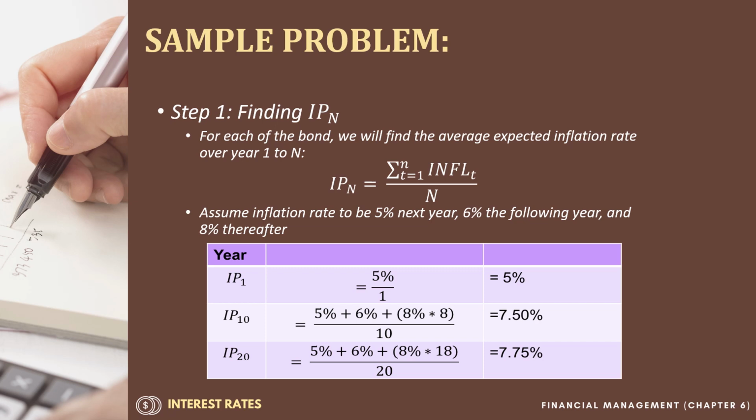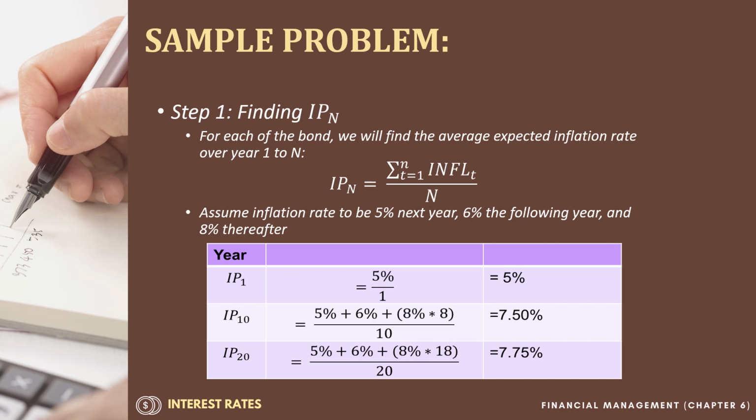The first step is to find the inflation rate or inflation premium for n years. So again, the problem says that for each of the bonds, we will find the average expected inflation rate over year 1 to year n. So here is the equation.